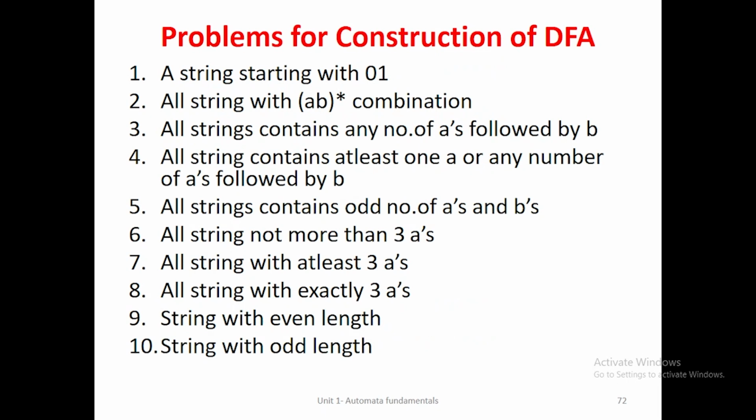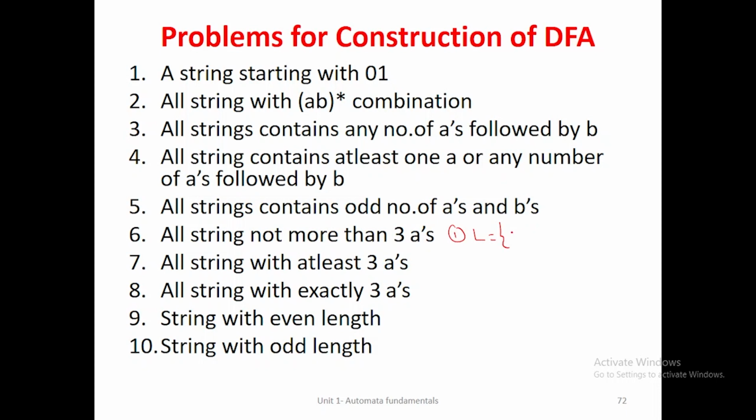And these are all the problems. You note them down. These problems can be solved with the help of DFA construction. We'll discuss them one by one. First, we take the first problem, that is, strings starting with 0 1. If any sentence is given, first we should try to write the possible strings in it.